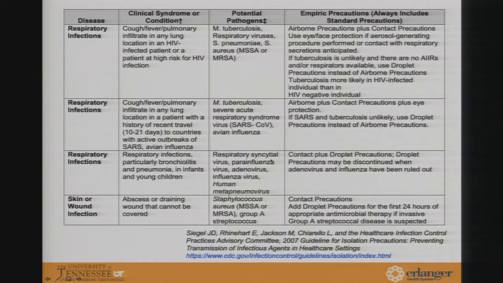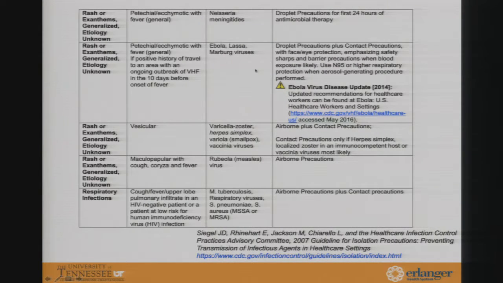And then for other respiratory viruses, we'll get into droplet precautions in just a moment. Some of the rash-related precautions for petechial ecchymotic rash and fever in areas, especially that are endemic for Neisseria, use droplet precautions consistent with routine bacterial meningitis droplet precautions. Ebola virus disease we talked about, varicella zoster that crosses more than one dermatome also gets airborne precautions, and measles.